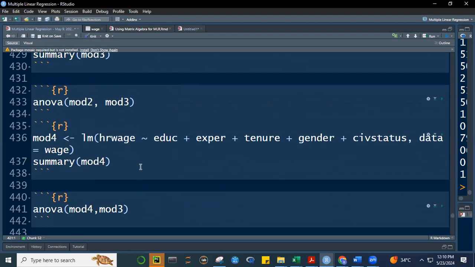Okay, here. Model number 4: hourly wage regressed on education, experience, tenure, no more race, gender, civil status, no more number of dependents. 1, 2, 3, 4, 5. Originally 7 minus 2, so there are now only 5. So let's run model 4 and get the summary.